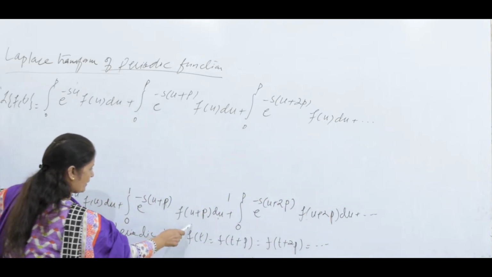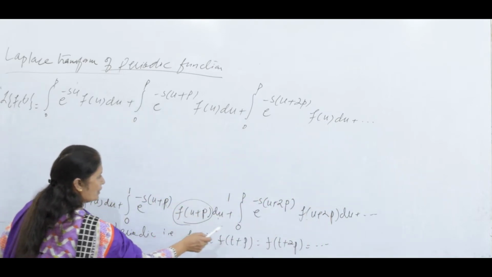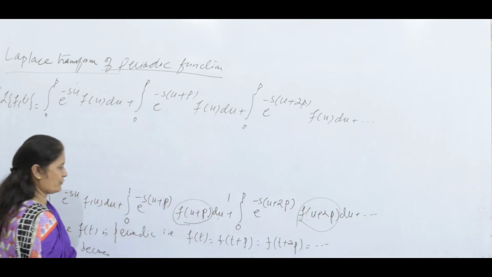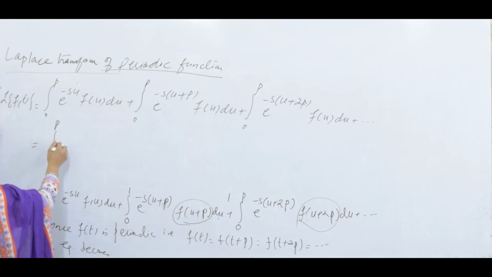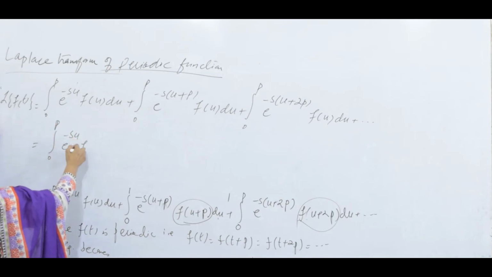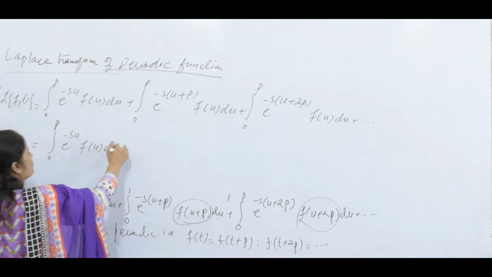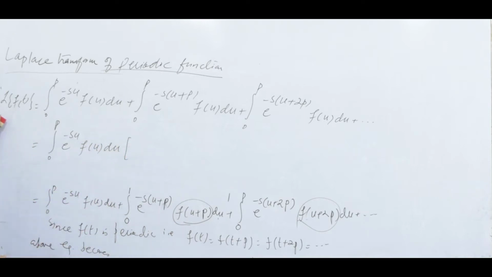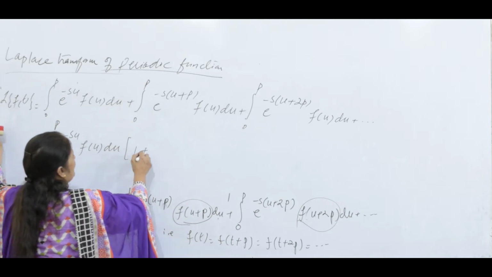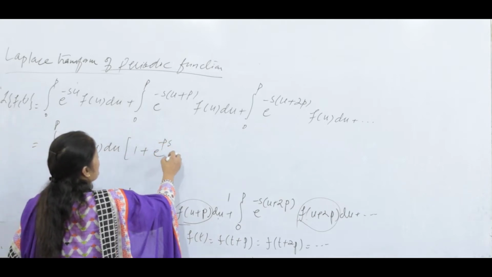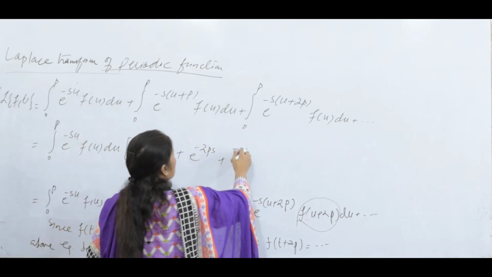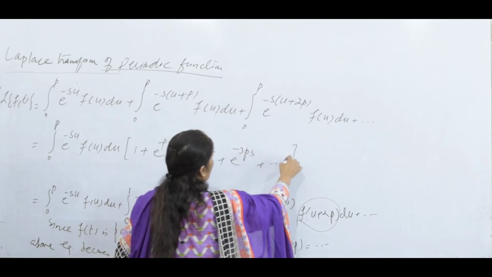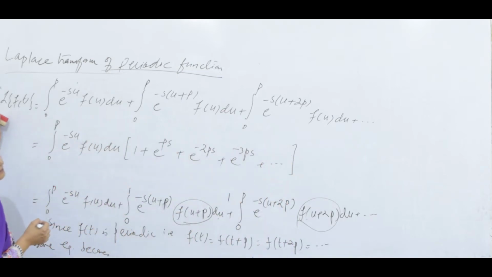Since it is periodic, f(u+p) and f(u+2p) are f(u). Something is taken common, which is e^(-su) f(u) du. This is taken out. I am left with 1 plus e^(-ps) plus e^(-2ps) plus e^(-3ps) and so forth.